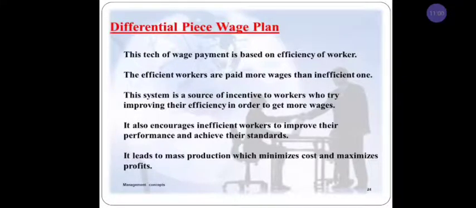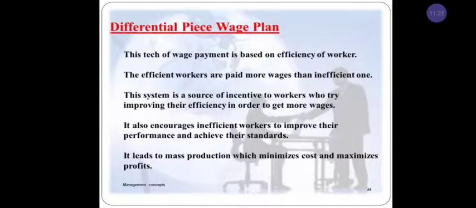With that, an inefficient worker can also be attracted to get more money. He can show interest. With that interest, production increases, and we can minimize wastages and maximize the profit. Once again, I'll repeat. The differential piece wage system was introduced by F.W. Taylor.